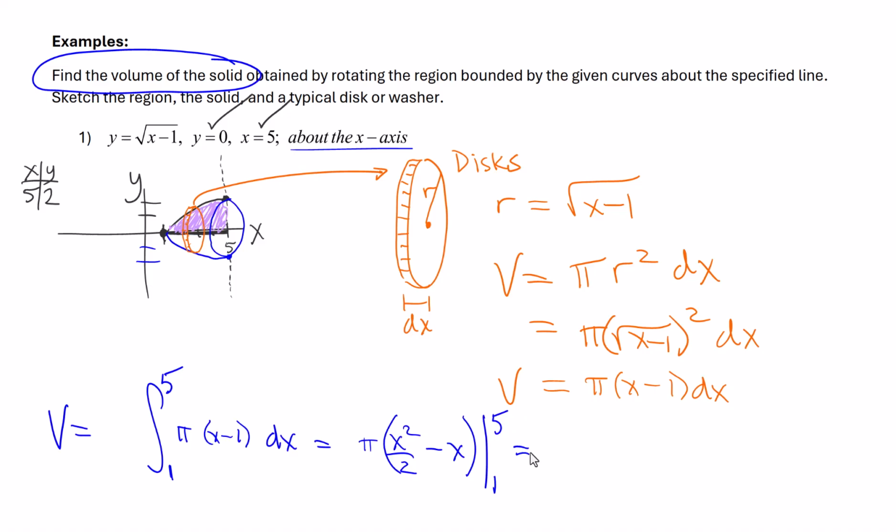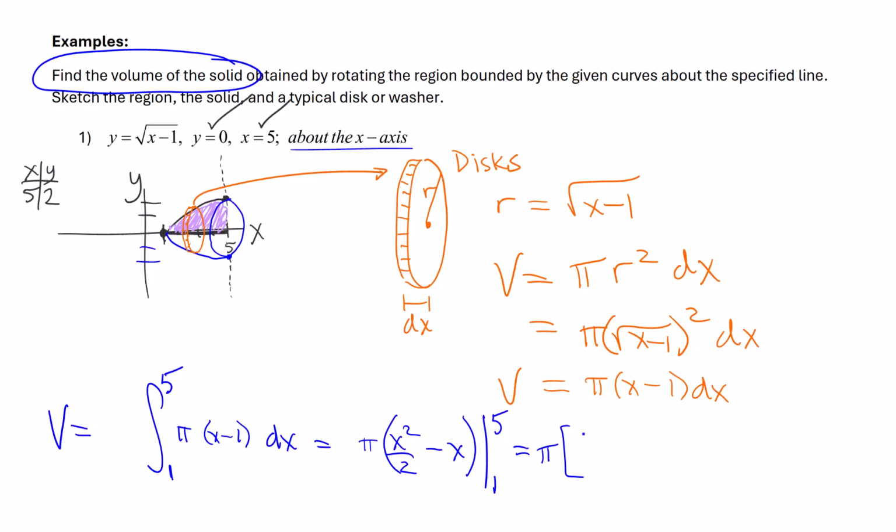Let's now plug in the upper bound for the integral, which will give us a value, and then subtract, plugging in the lower bound. I'm going to keep that pi out front just because it has to be there, but I don't want it to get in the way. It can be factored out in front of everything we're about to do. So in brackets, after the pi, I'll do capital F of 5, for the upper bound.